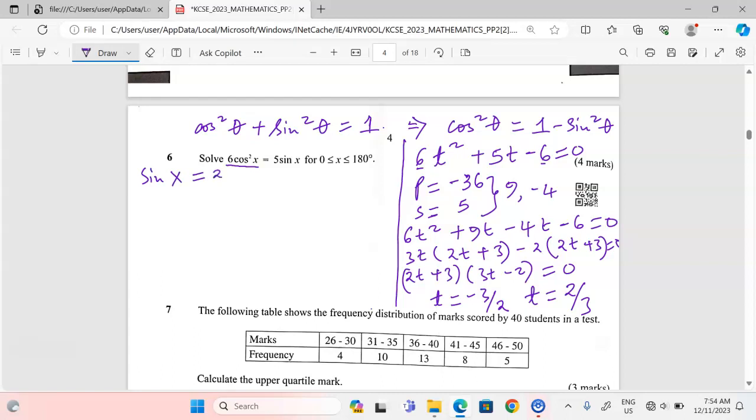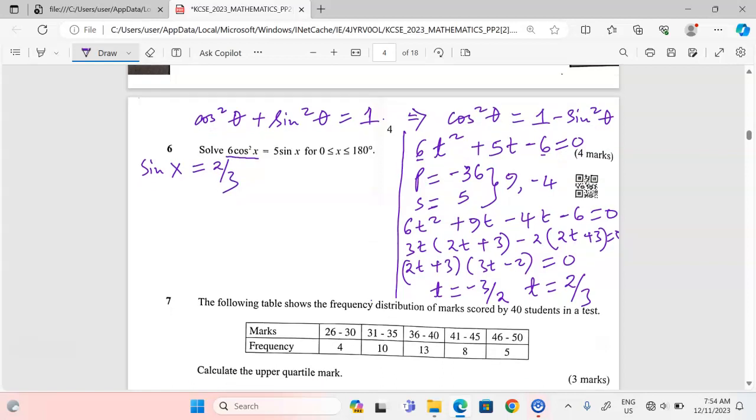So the sine of x will be 2 out of 3. We can ignore the other root, which is greater than 1. For sines, it would be a math error. So now we can get the angles whose sines are equal to 2 out of 3.